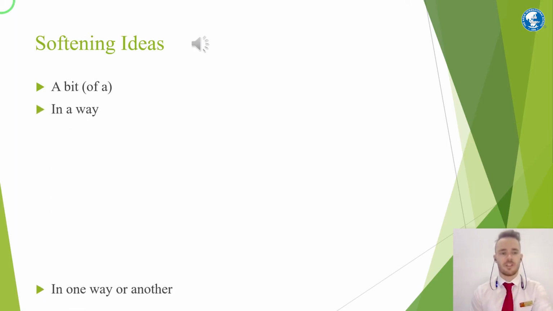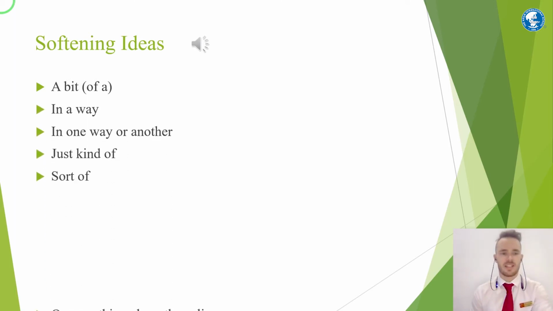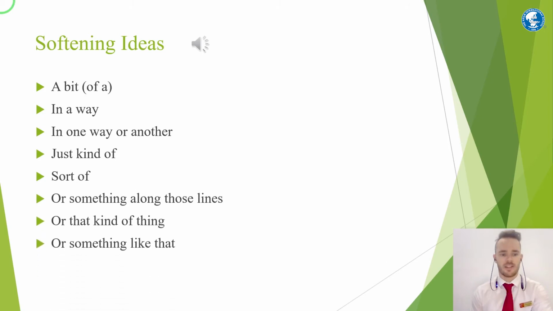So in the textbook, you will see there are a variety of ways we can soften an idea with some phrases, okay? We've got things such as a bit of a, in a way, in one way or another, just kind of, sort of, or something along those lines, or that kind of thing, or something like that.